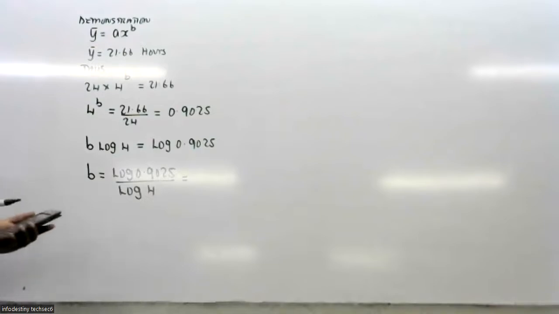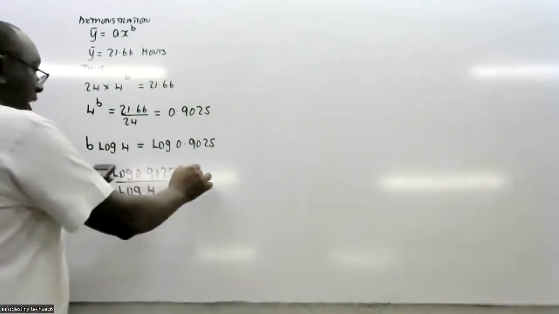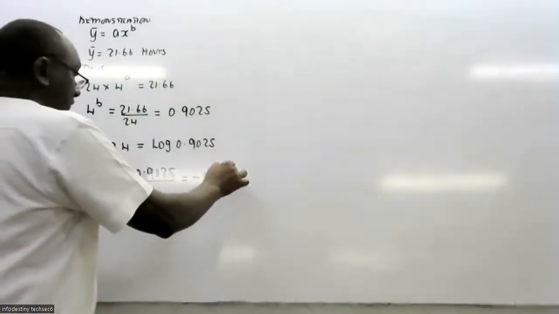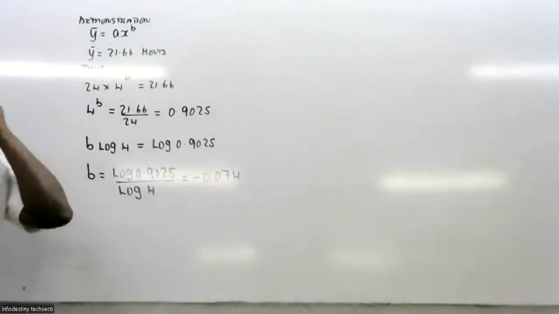So that will be log of 0.9025 divided by log of 4 is minus 0.074. That is what we were given by the examiner.